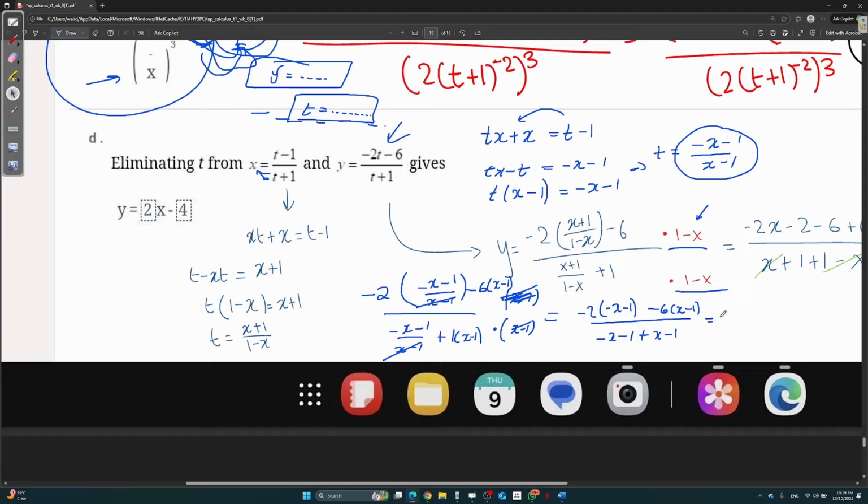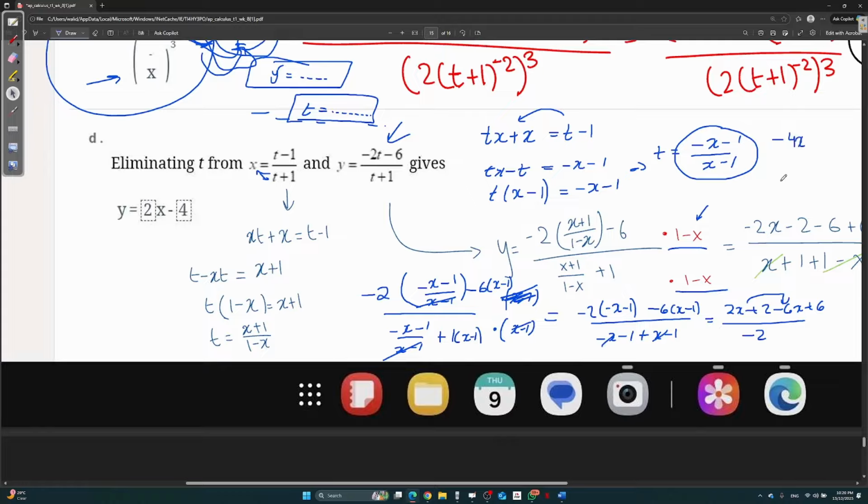Alright, so you get minus 2 minus x is 2x, minus 2 minus 1 is plus 2, minus 6x plus 6, over minus 1 minus 1, minus 2. Alright, 2x minus 6x is minus 4x.